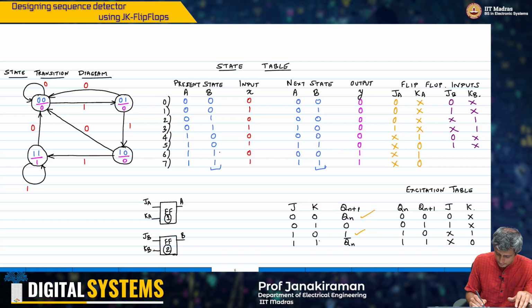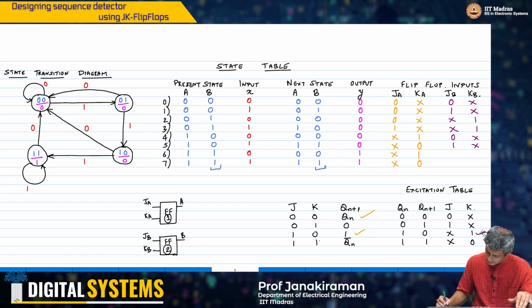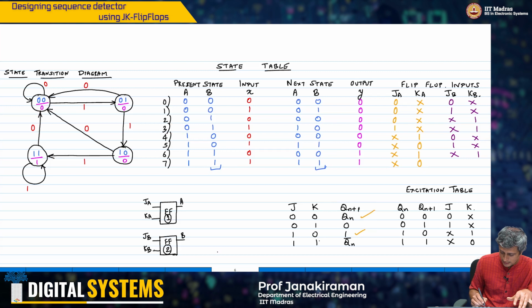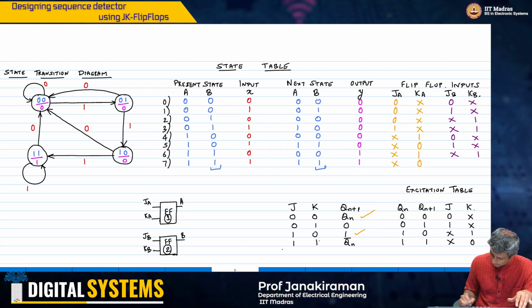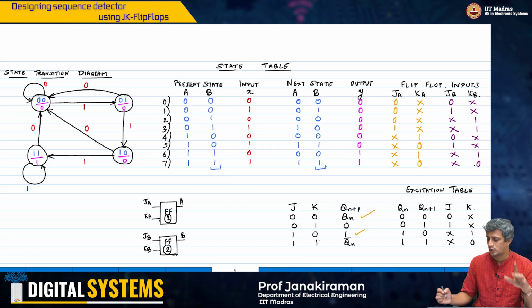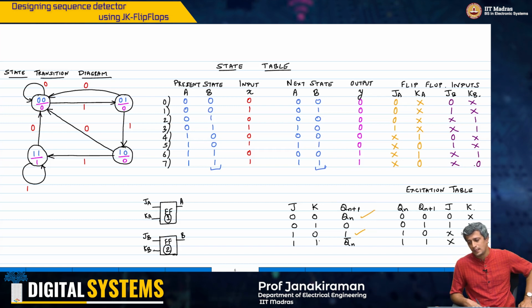Row 6 is 1 0, and 1 0 is this, so it will be x1. And row 7 is 1 1, which will be x0, exactly.